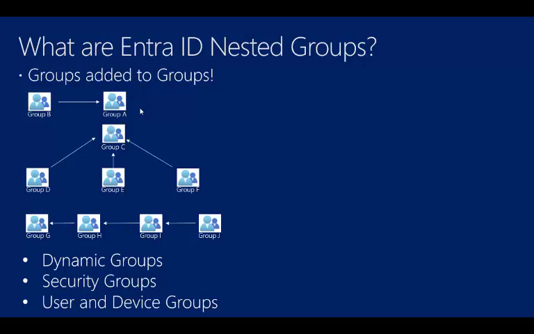In the first scenario, we might have group B that's being added to group A. Second scenario, we'd have groups D, E, and F that are all being added to group C. Third scenario, we would have group J that's added to I, and then group I is added to H, and then group H is added to G. That's just a couple of sample scenarios.